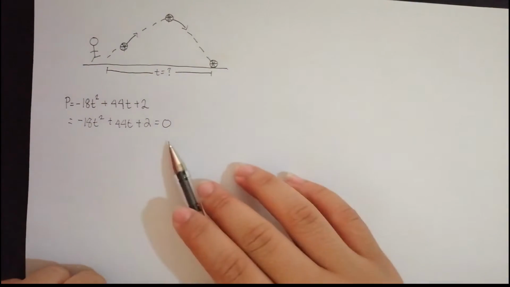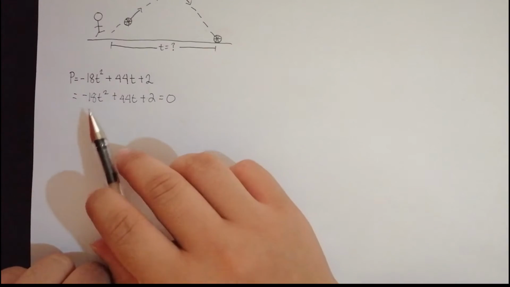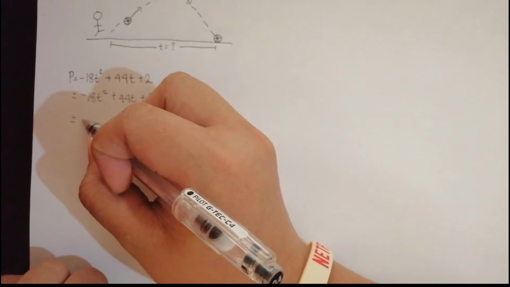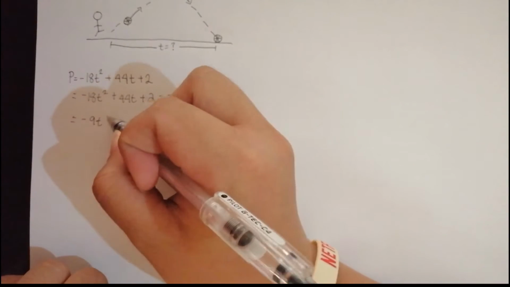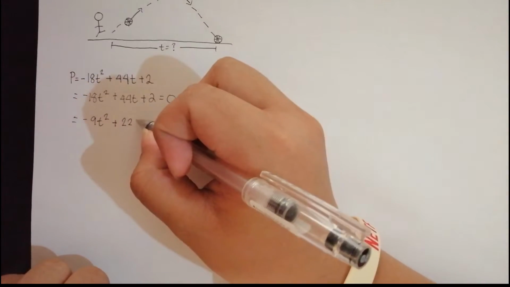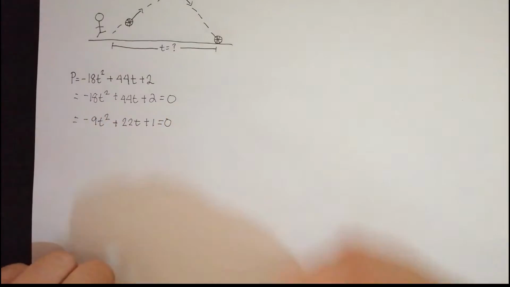Now since this is a big number and it will get messy, we can actually factor out 2. So we will have negative 9t squared plus 22t plus 1 equals 0.